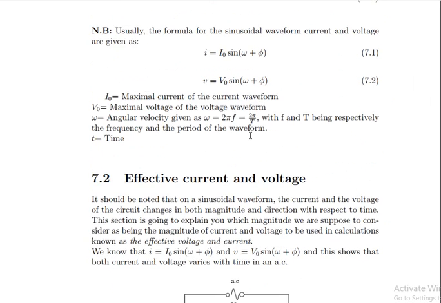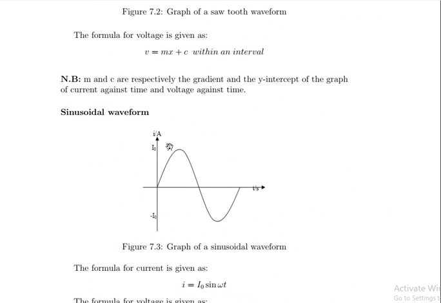We need to know the average current of this circuit. If you find the average, it is the sum of all the currents inside the circuit, so the summation of k equals 0 to n of ik, which becomes the integral.